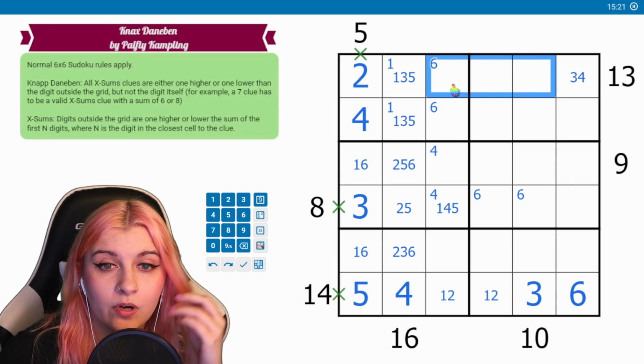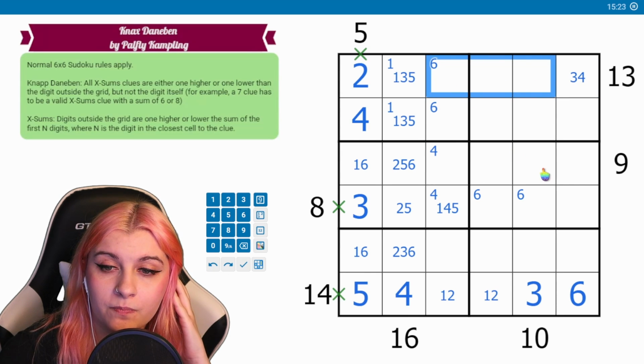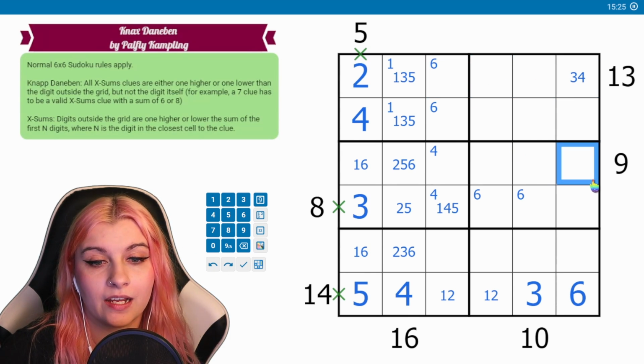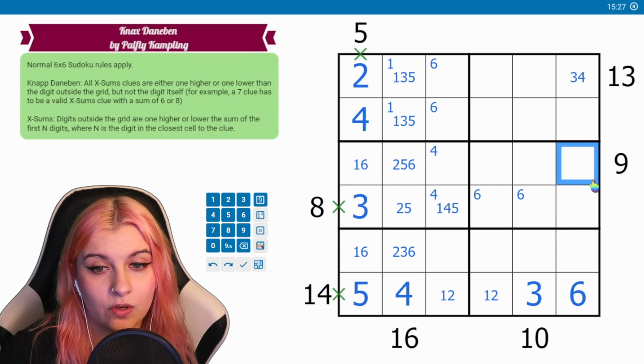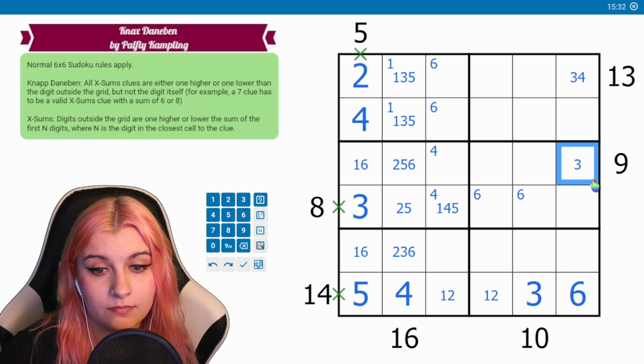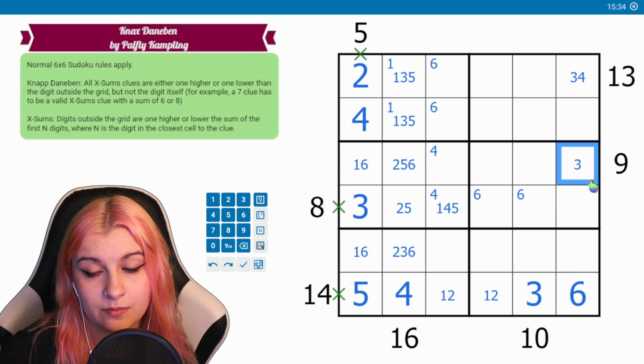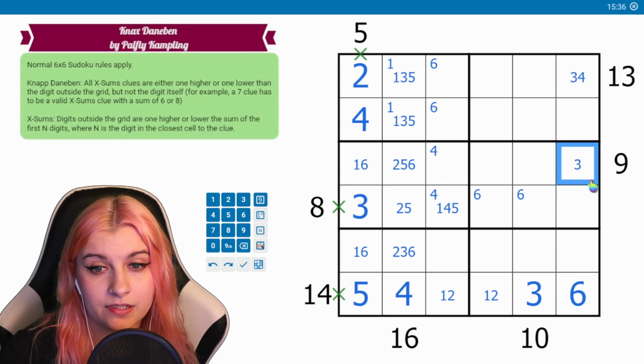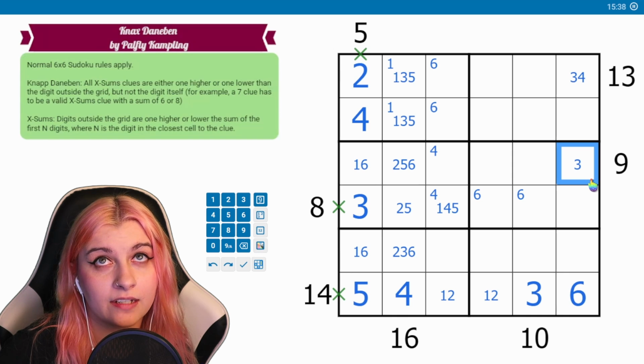Can I say more about these? I don't think so. What about a 9? Can't do a 1. Can't do a 2. What if I did a 3? I know a 9 is possible with 3 numbers. Sorry, an 8. This could be an 8. It's not a 9. It could be an 8, so I could do a 2 here.